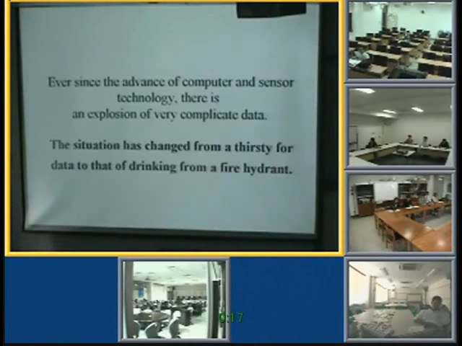So in the past, we were thirsty for data. We looked for data. Like at the beginning, I talked about this probability distribution. And I told you that the first probability density function of the wave profile took 2 months of a graduate student's time to digitize the wave profile and eventually create one distribution.